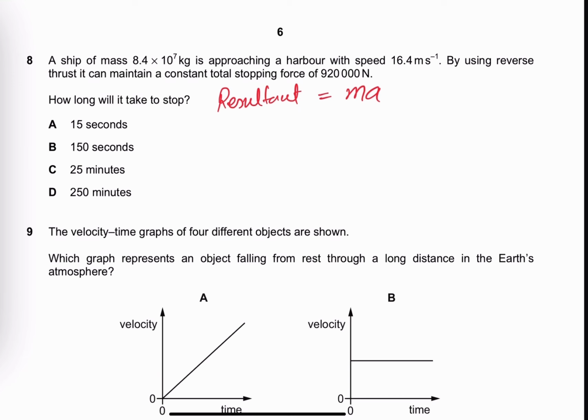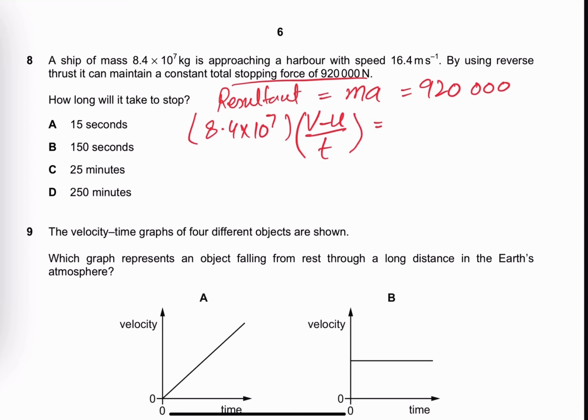So resultant force must be equal to the stopping force, that is 92000 newtons. So m is given, that is 8.4 into 10 raised to power 7 kg. Acceleration is unknown. Acceleration is basically v minus u divided by t.